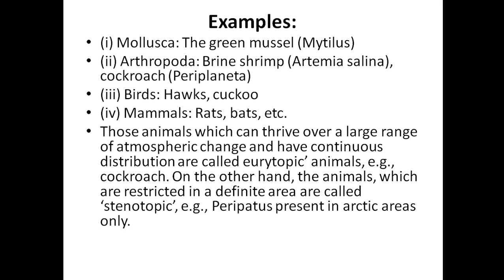And you remember, all those animals which I have listed are those animals which can thrive over a large area of the atmospheric changes. And they are, as I have told you, eurytopic animals. That's why they exhibit this continuous distribution.